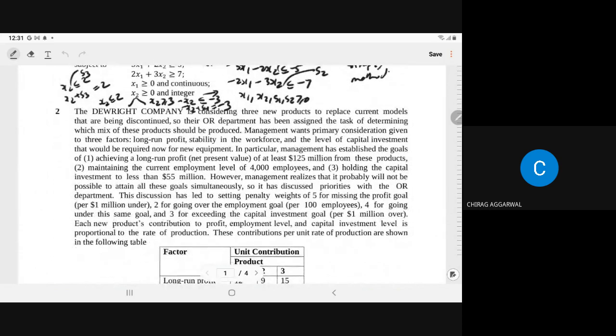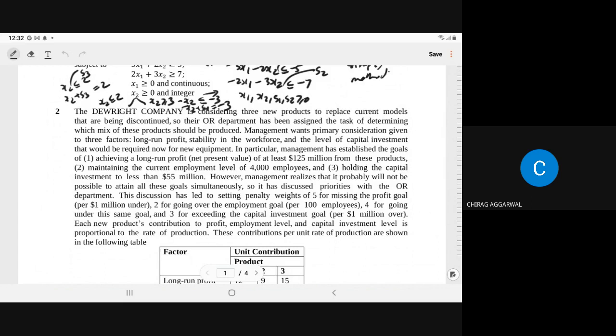Now here we have the Durite company considering 3 new products to replace current models that are being discontinued. So their OR department has been assigned the task of determining which mix of these products should be produced.